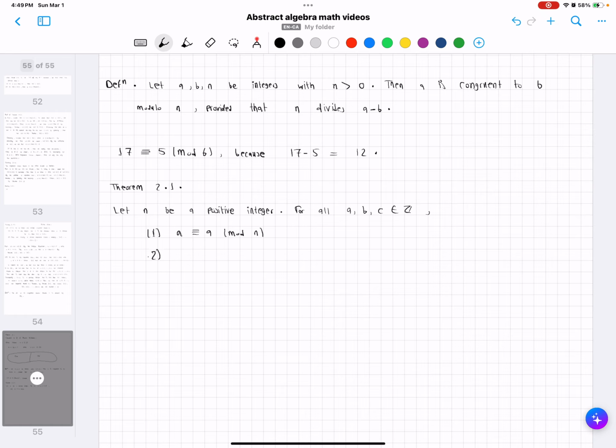The second thing is that if a is congruent to b mod n, then b is congruent to a mod n.